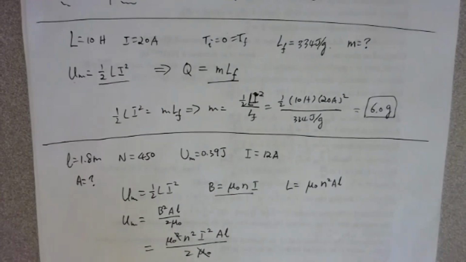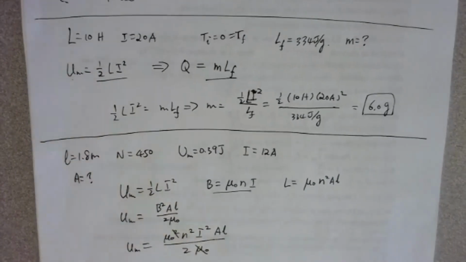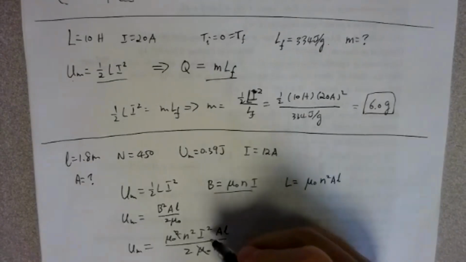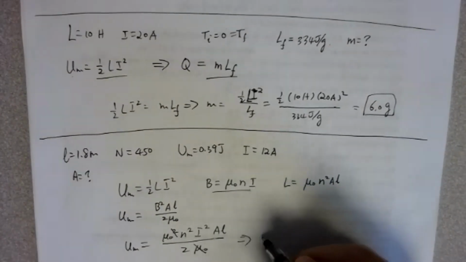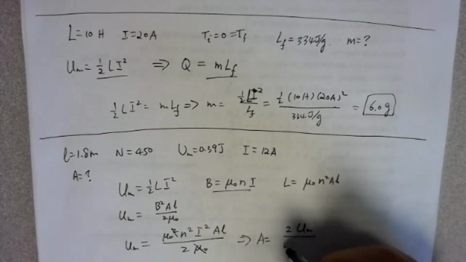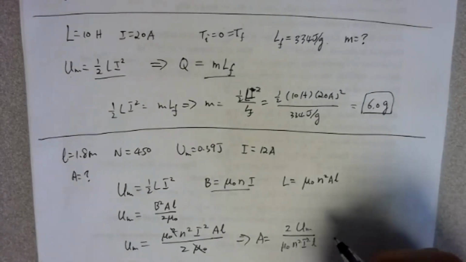So you're looking for area. You rearrange the terms, and area is equal to 2 times the energy over mu naught n squared i squared L. Then you plug in everything you have.